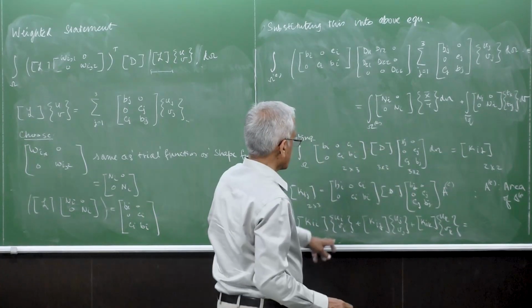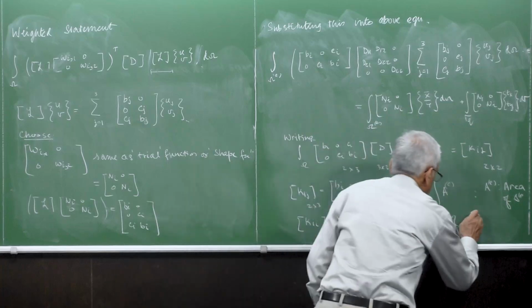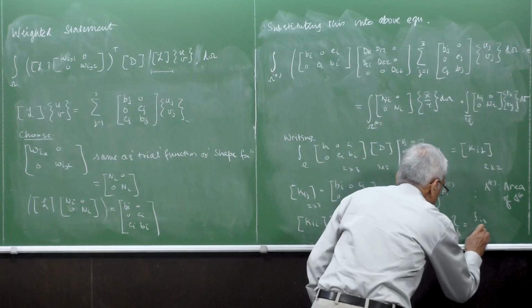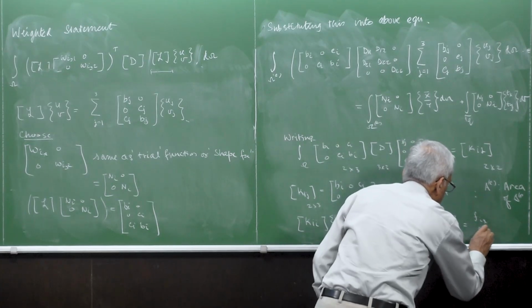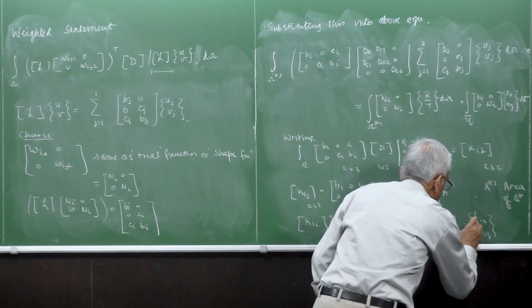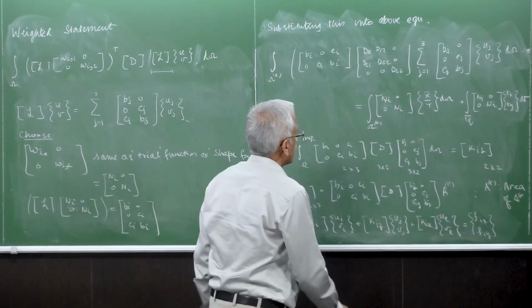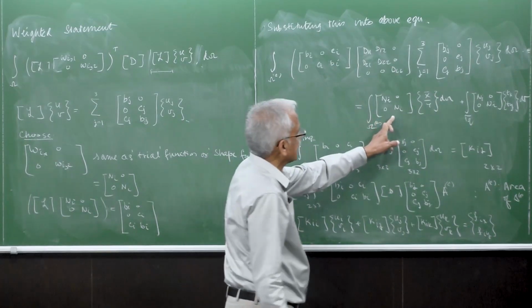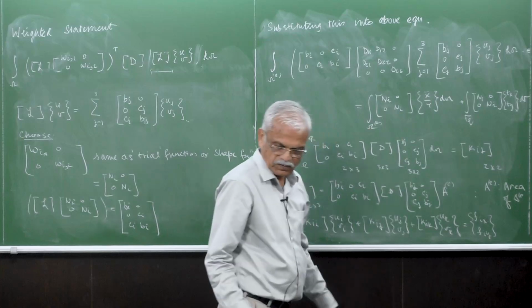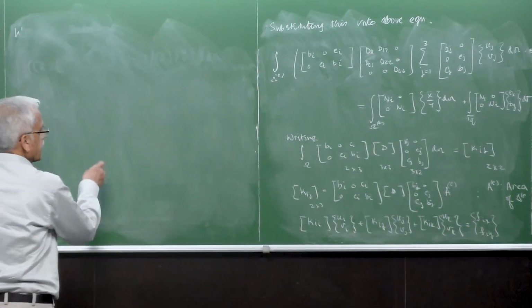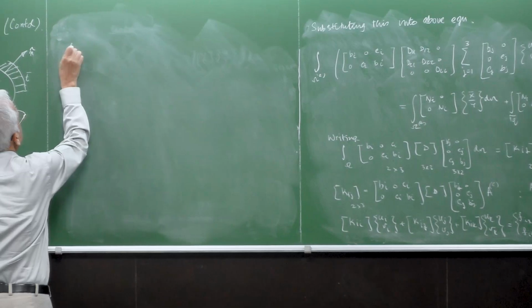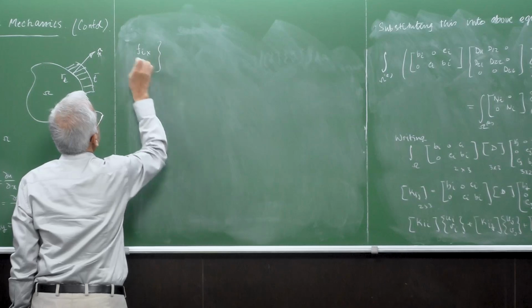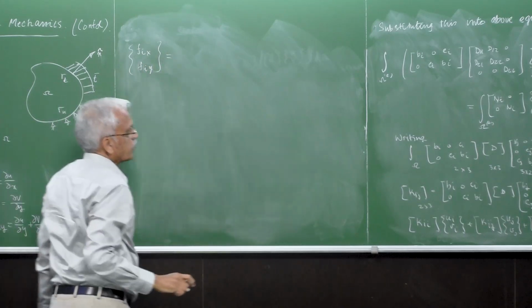And on the right side, we have these terms here. Can you tell me what this will be? If I write it, Fx, Fy. So quickly, what is that?